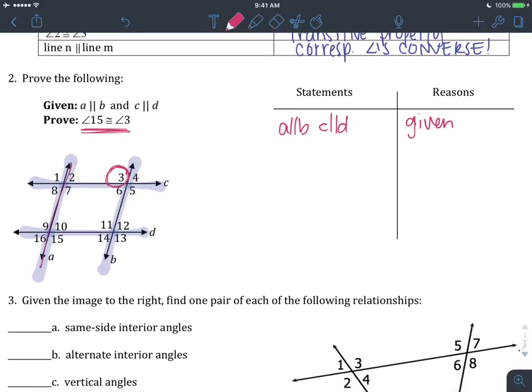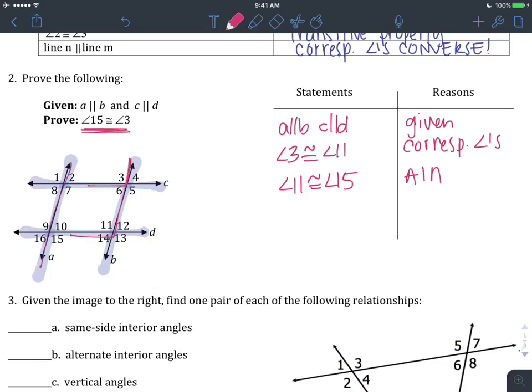So we know that angle 3 is congruent to angle 11 because those two form an F for corresponding angles. So 3 and 11 are congruent. Now we can prove that 11 is congruent to 15 because those two are alternate interior angles.